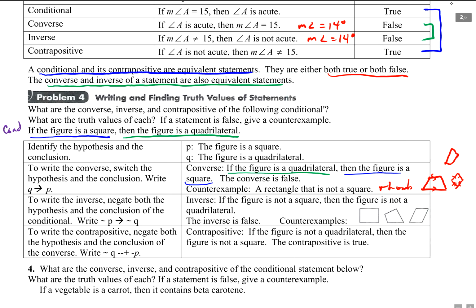There are so many counterexamples, totally false. All right, so there's our converse.